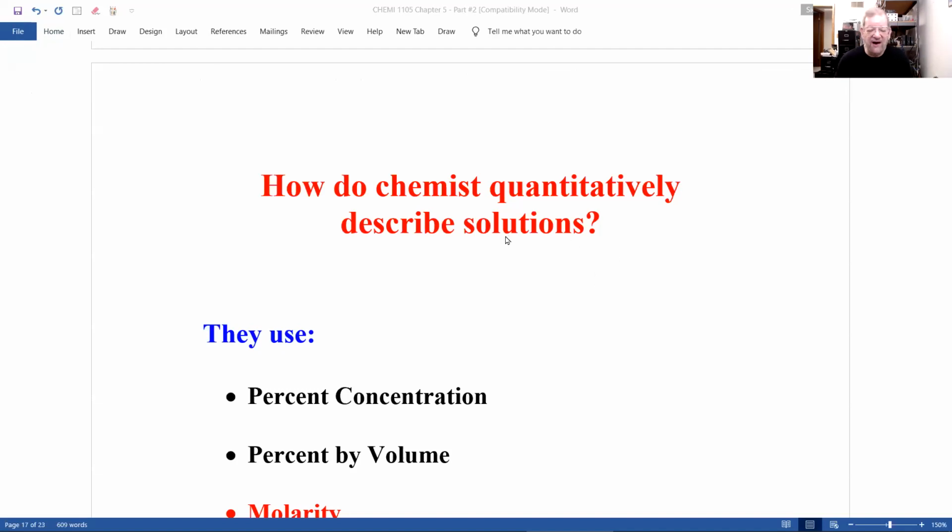If I were to send a couple people into the lab, if we were face-to-face at COD, College of DuPage, and say, make me a salt solution, well, all of you would make different salt solutions. You'd have different amounts of sodium chloride and different amounts of water. Well, how do I make sure that if I tell someone I need a solution, it is always the same? How do we quantitatively describe how much is solvent and solute in solutions?